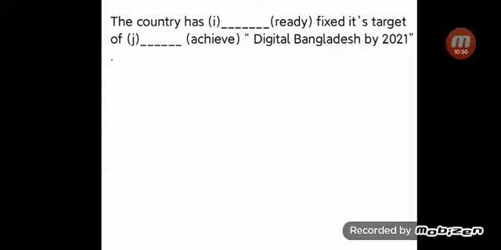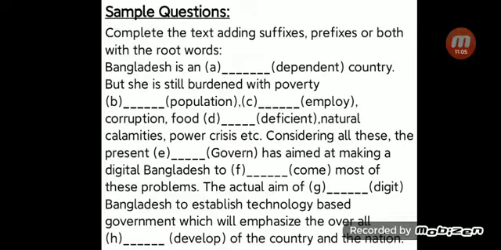Student, write down in your notebook the answer. I am showing it to you for second time.